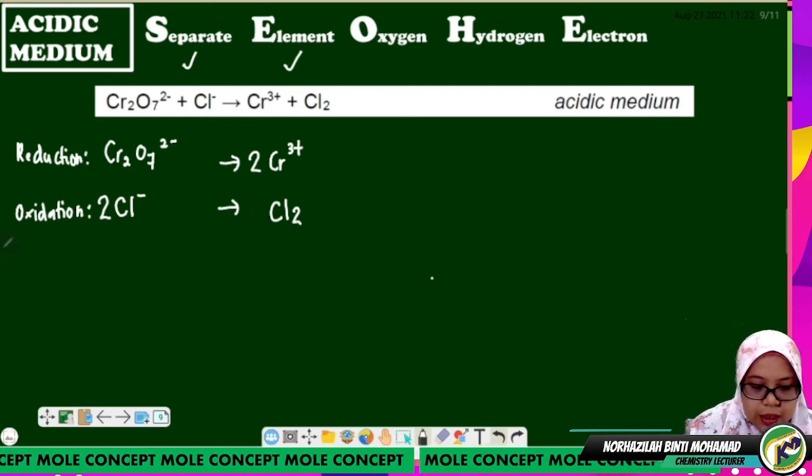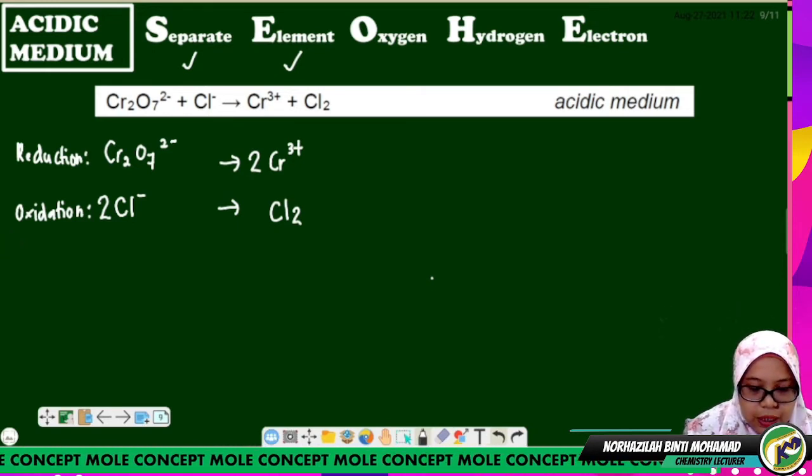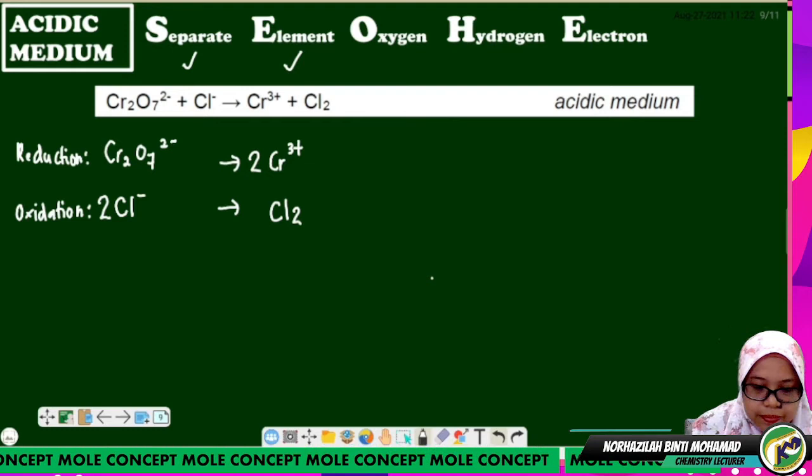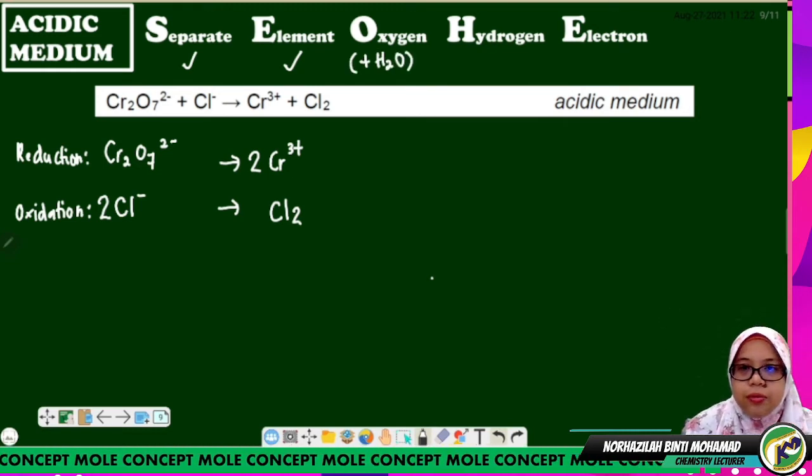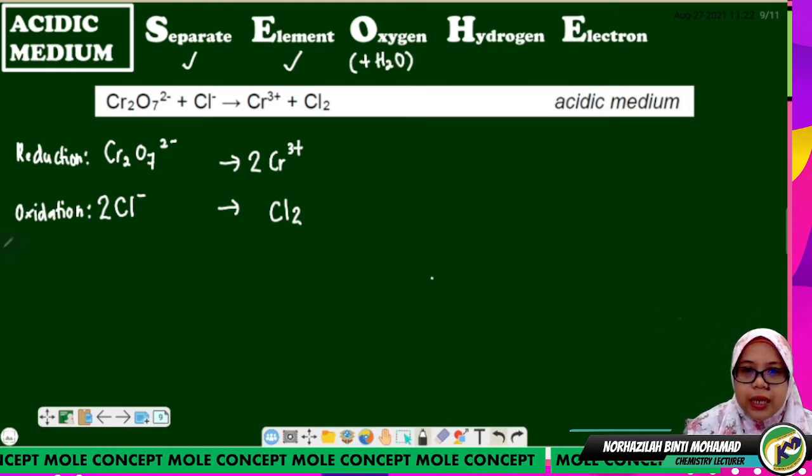How about oxygen? Only the reduction reaction has oxygen. To balance oxygen, we need to add H2O.